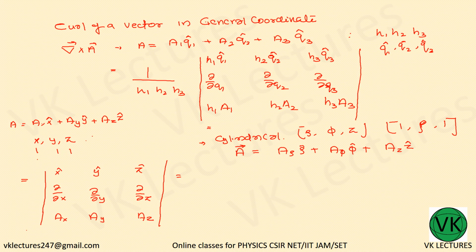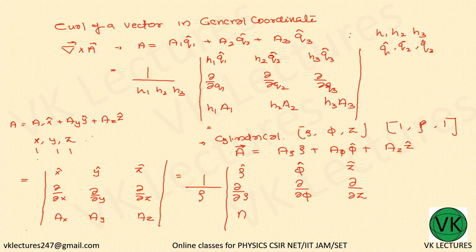Fine. Now 1 divided by the product of h1, h2, h3, so 1 by rho, and now we are doing the cross product. This is rho cap, phi cap, z cap, and dou by dou rho, dou by dou phi, dou by dou z.